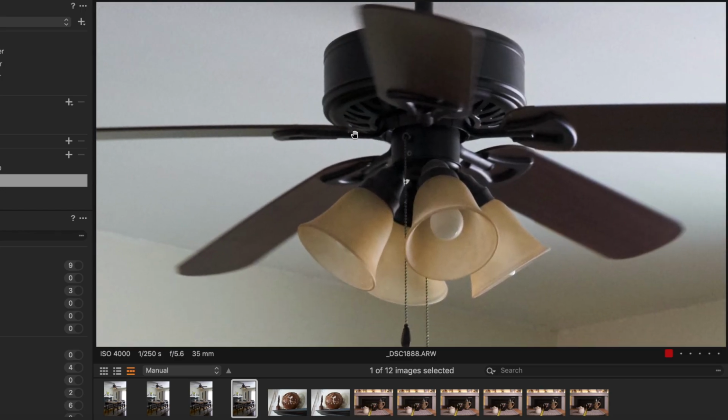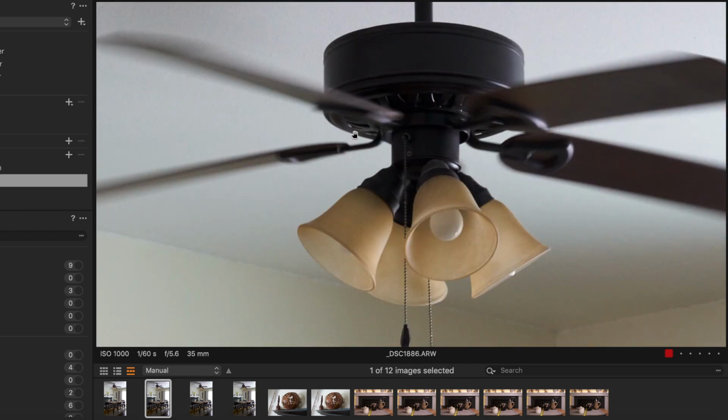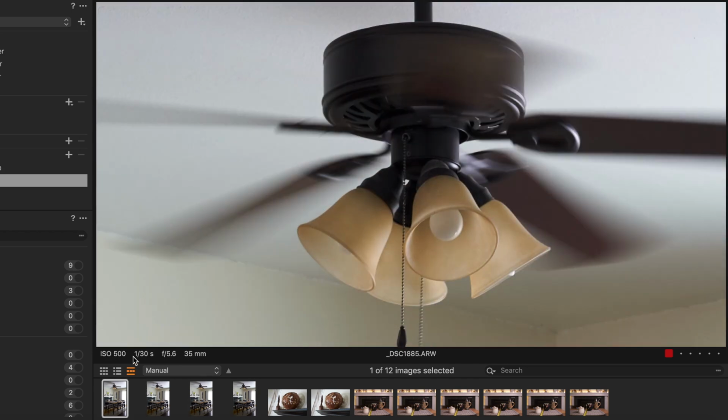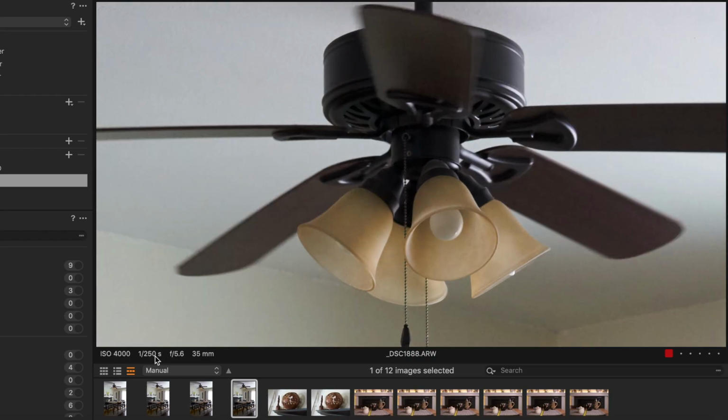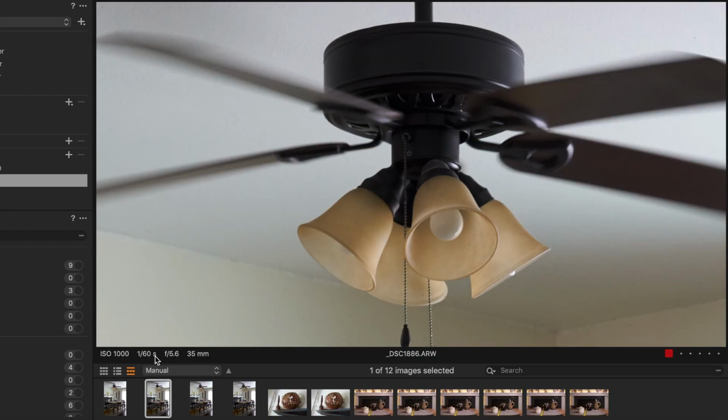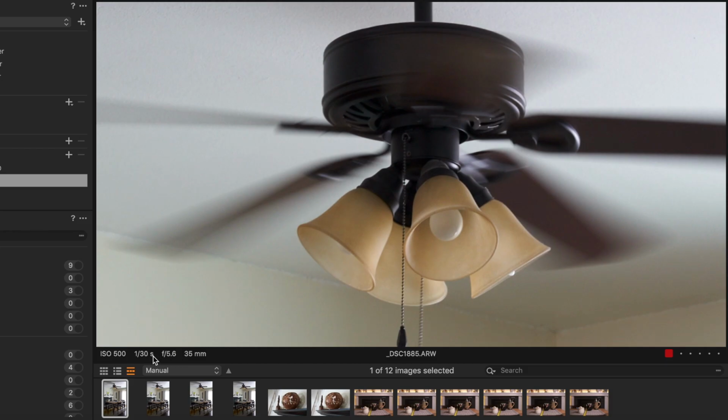But how is it possible that I was able to maintain my exposure even though I sped up my shutter speed by 1, 2, 3 full stops? Well, I had to compensate. I wanted to keep my depth of field the same, so my aperture was locked at f5.6. What I did was I increased the sensitivity of my ISO, my sensor speed. So I was at ISO 500, and what's double 500?